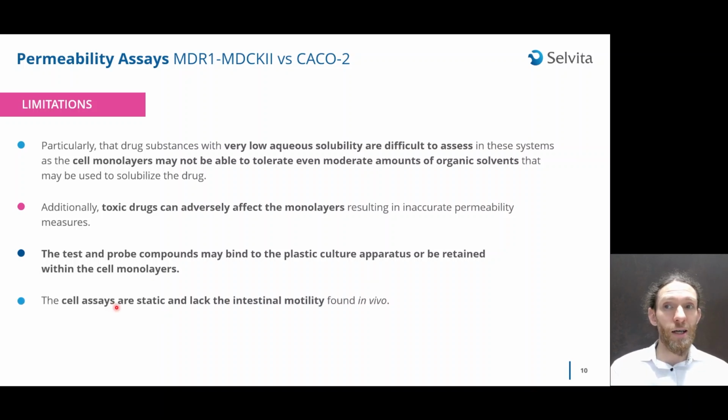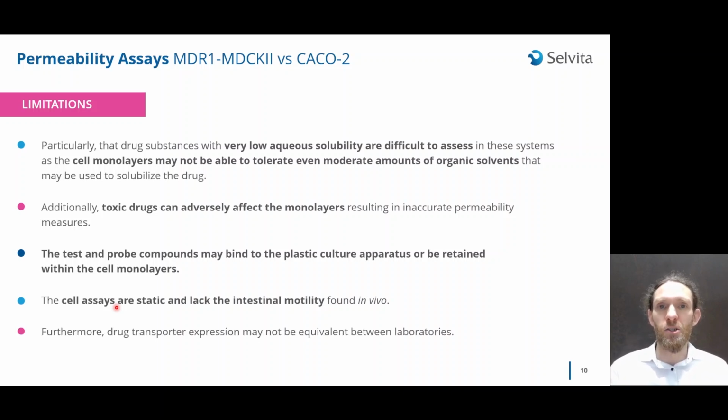Also, cell assays are static and they lack the intestinal motility found in vivo. How our intestines move when we move actually affects the permeability, possibly increasing it. And here, these are artificial, a very much simplified version of the actual living situation.